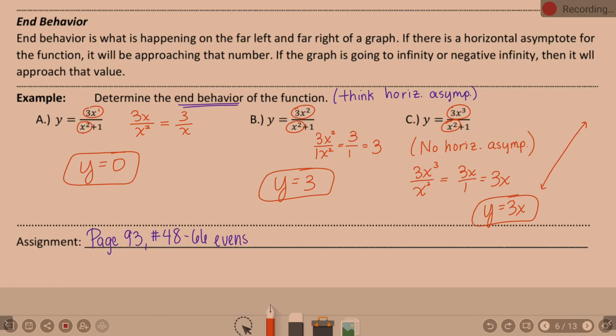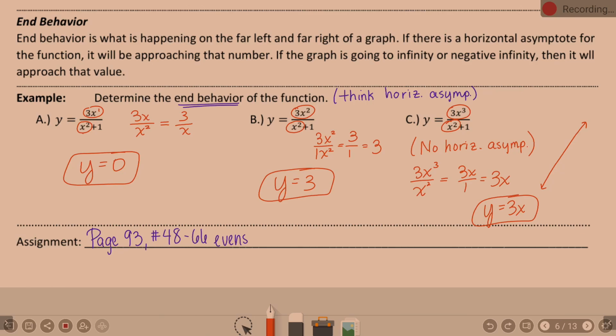Now, I want to show you real quick, and then I'll be done. Equation 3. If I plug equation 3 here, 3x squared over x squared plus 1, part B, looks like this.